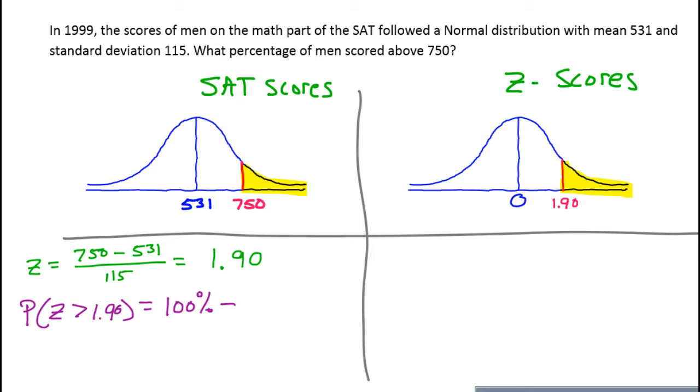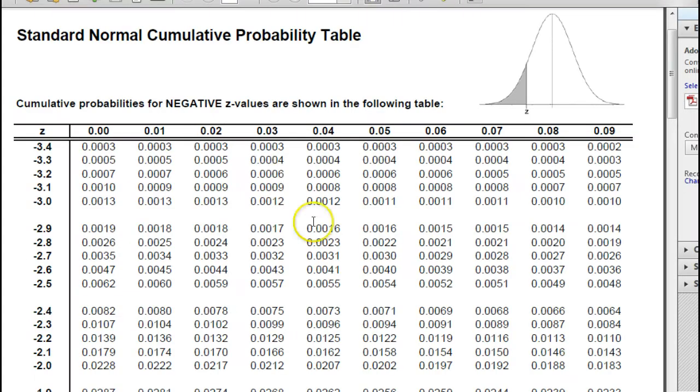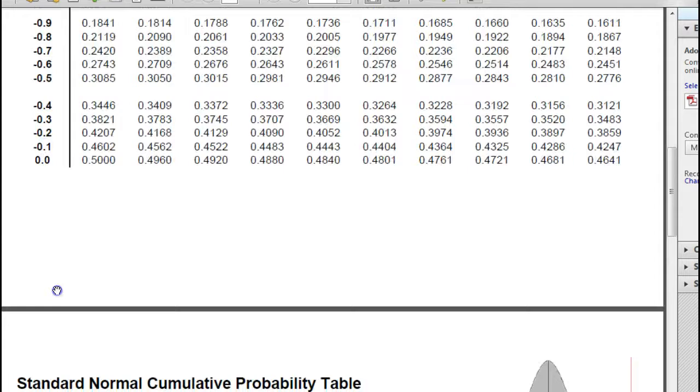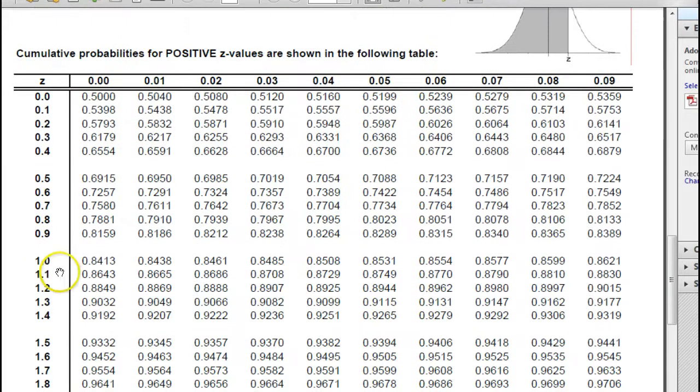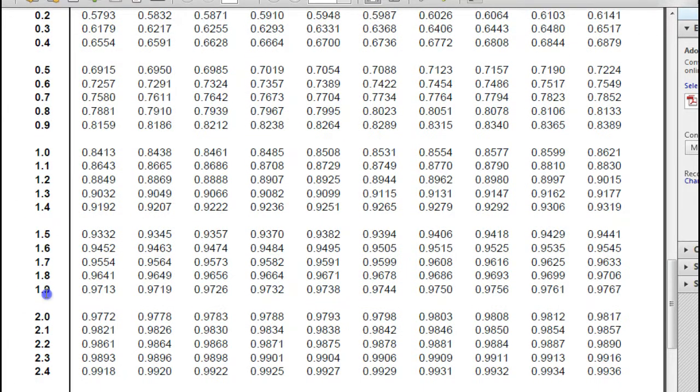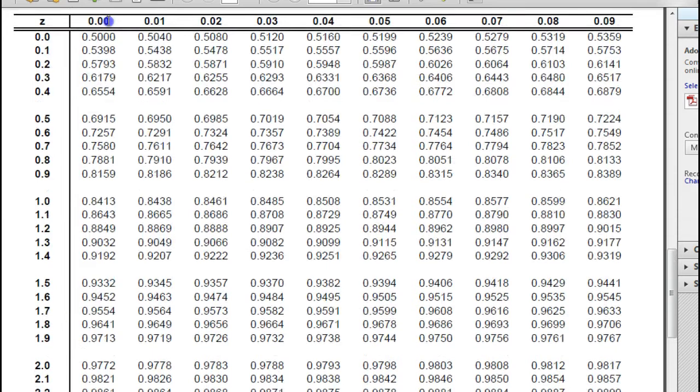So, let's look at the chart and find out the percentage of values that are below 1.90, and then just subtract that from 100. Now, where is 1.90? We've got these negative z-scores, but our z-score is positive, so we're just going to keep scrolling down. Okay, here we have 1.9. Now, look, the first column is 0.